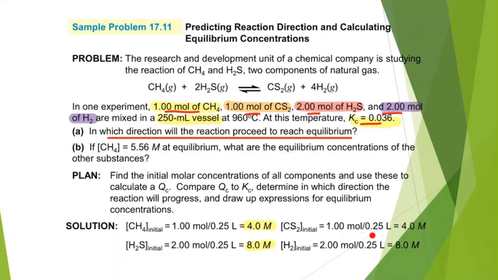As for the CS2, 1 mole over 0.25 liter, the concentration is 4 molar. And for the H2, 2 mole over 0.25 liter, the concentration is 8 molar. So we will just use this value to calculate our QC.